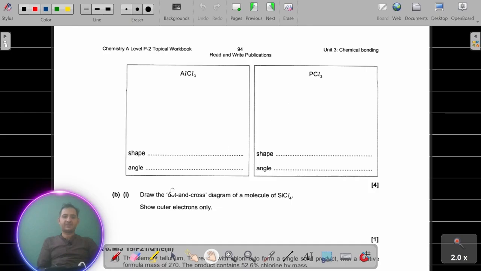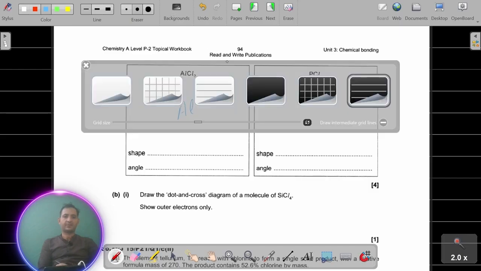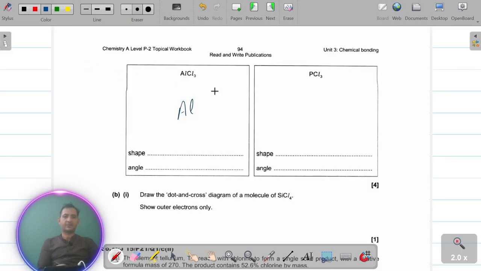So AlCl3, PCl3. I think this is the same as the AlCl3 one. Let me change the background. AlCl3: the shape is trigonal, and the angle is 120.